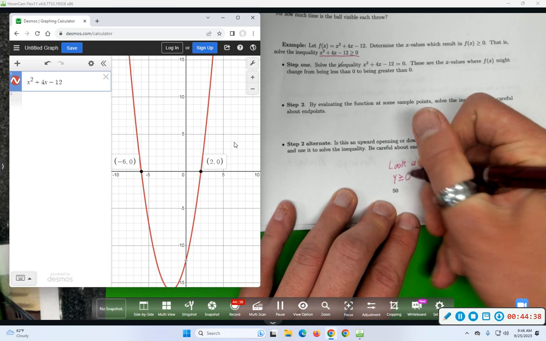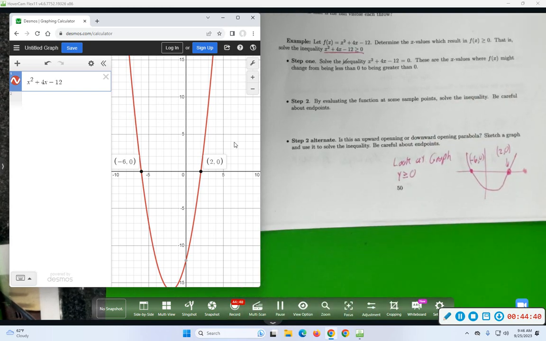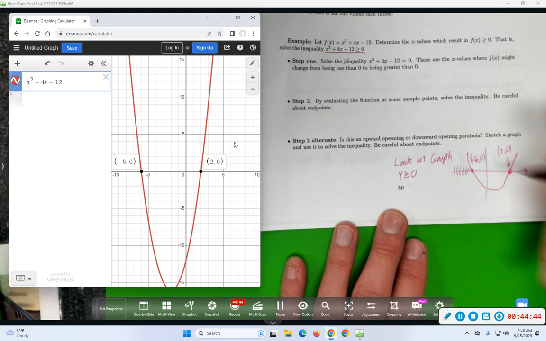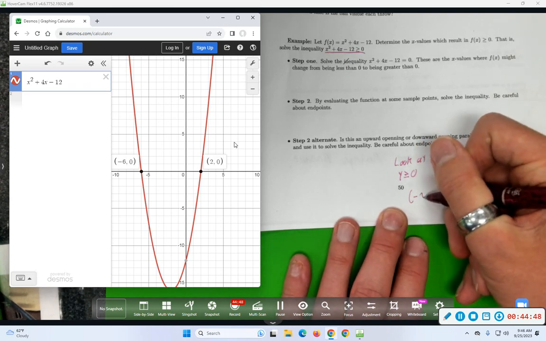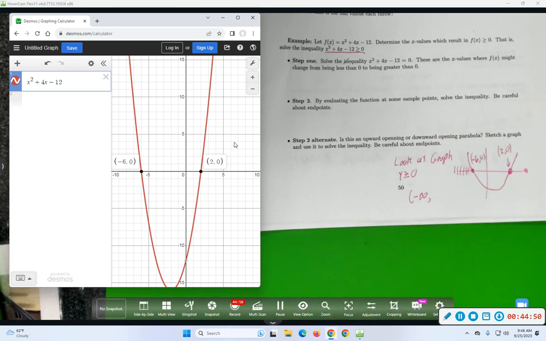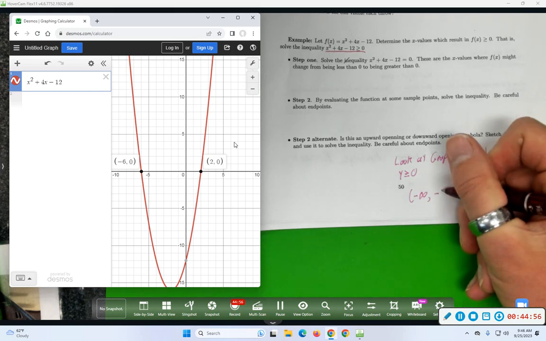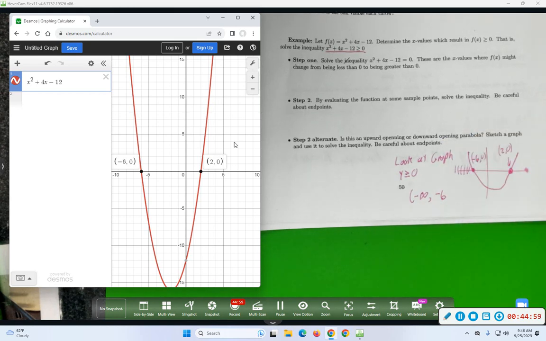And I would like to know, where is this function bigger than or equal to 0? So it looks like all of these x values result in y bigger than or equal to 0. So it looks like it goes all the way from negative infinity until, when does it stop being bigger than or equal to 0? Negative 6 is going to be an endpoint. Should it be included or excluded? Included. Why included?